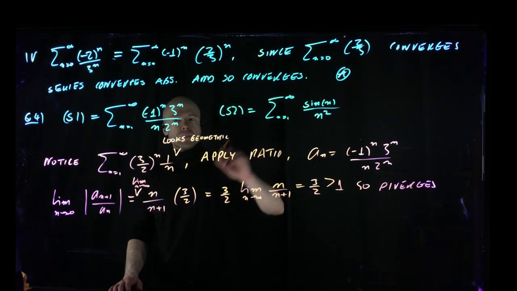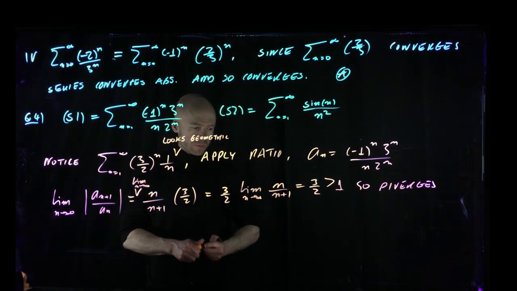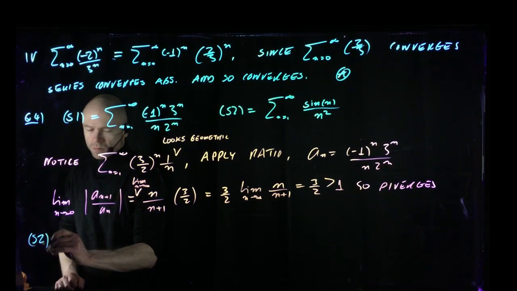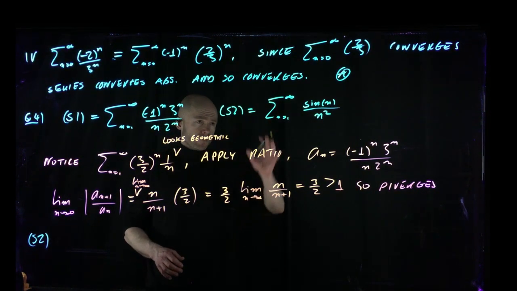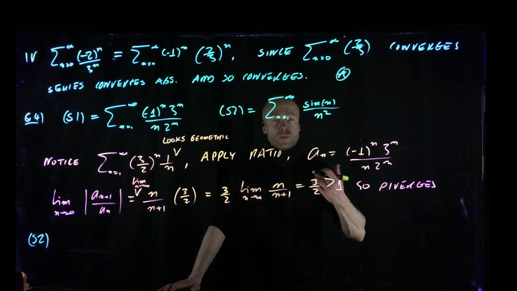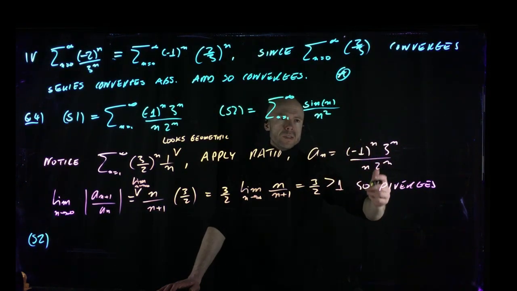Cool. All right, let's look at S2. If we look at S2, it's no longer a sequence of positive terms, but it's also not alternating, because sine n is not going to go plus, minus, plus, minus, right?